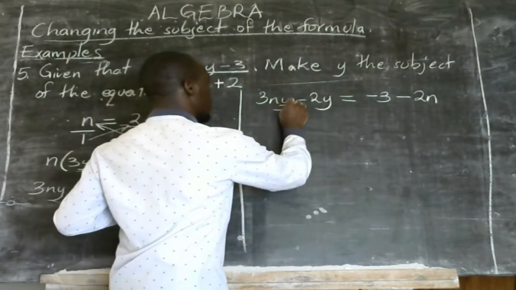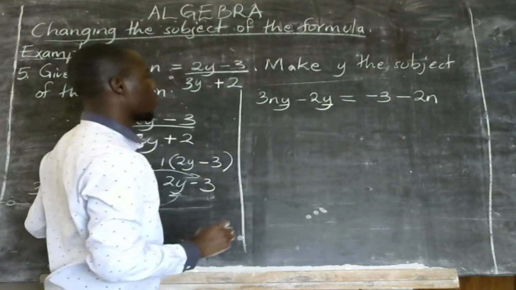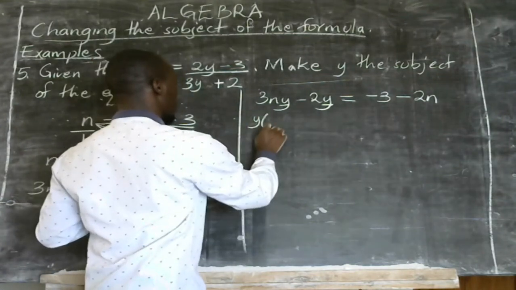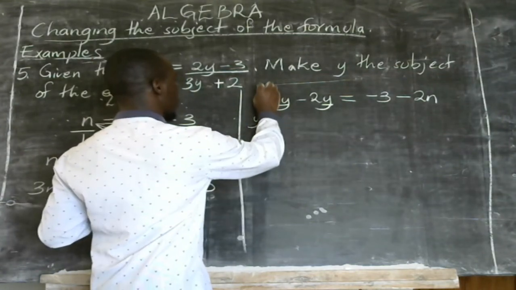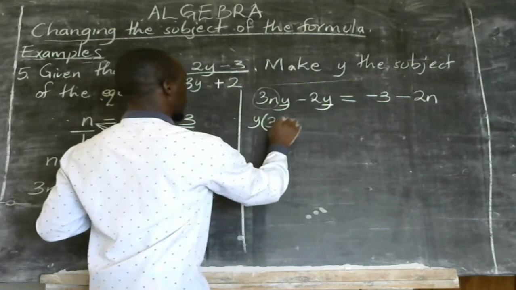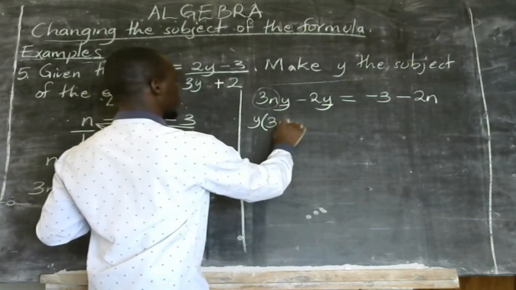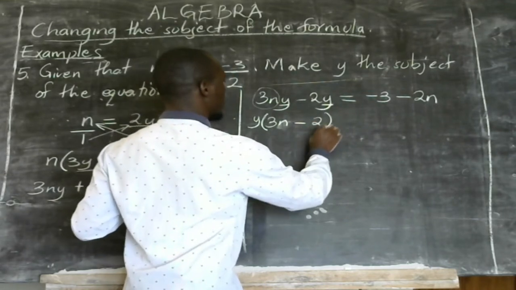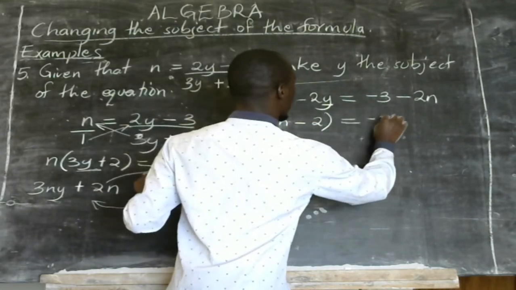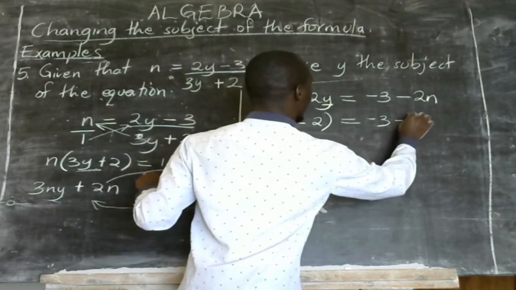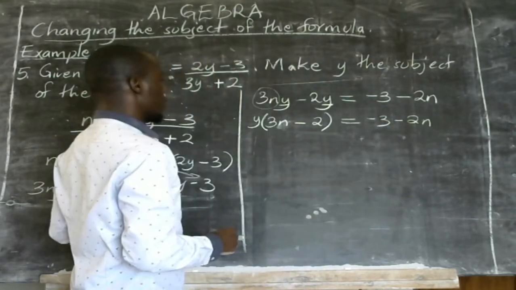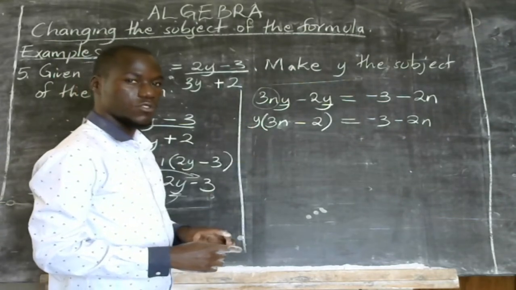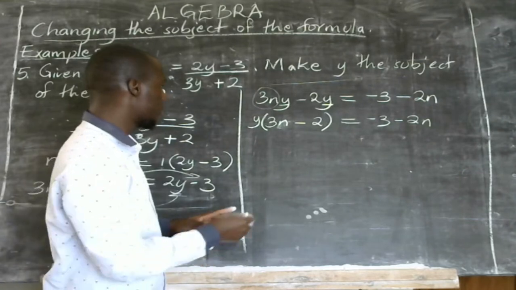I'm going now to factorize out y because it is a factor in these two terms here. So when I pull it out, here I'll be left with only the 3n minus the 1 is equal to negative 3 minus 2n. So now this bracket is multiplying y, then I'm going to divide it both sides.